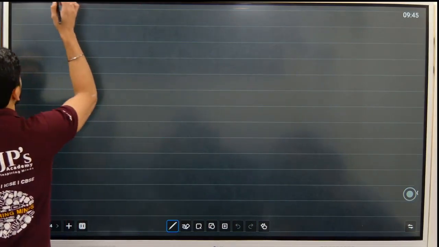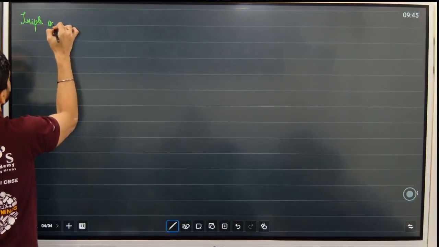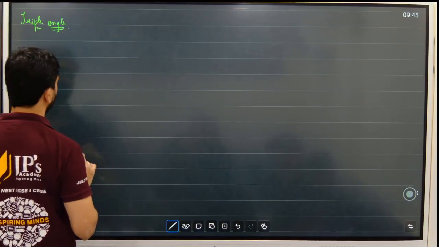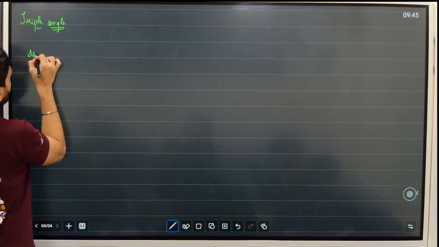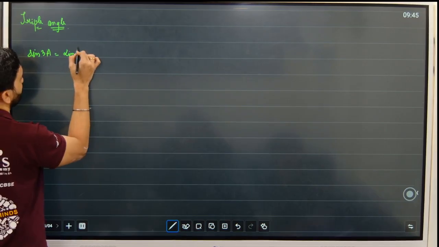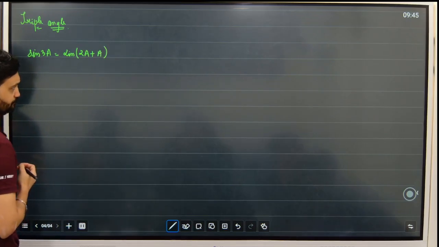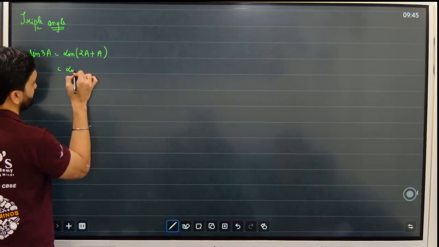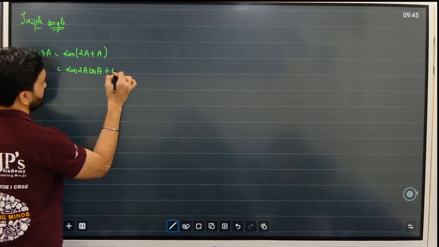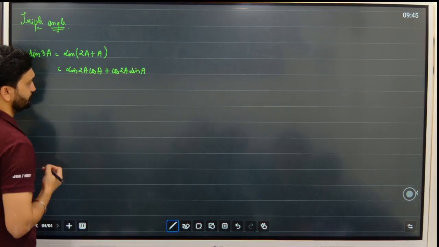Okay. Now let's write triple angle formula. Let me explain triple angle too. अब देखो यार, sin 3a का formula, let's try to find sin 3a का formula. Let's try to write sin 3a as sin(2a plus a), which is sin(a plus b), which is sin a cos b plus cos a sin b.